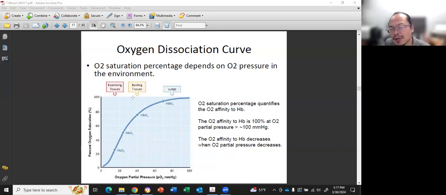Why is the oxygen level low? Because in that tissue, in your muscle, in your organs, the cells, muscle cells, brain cells, all your body cells, need oxygen to produce ATP.